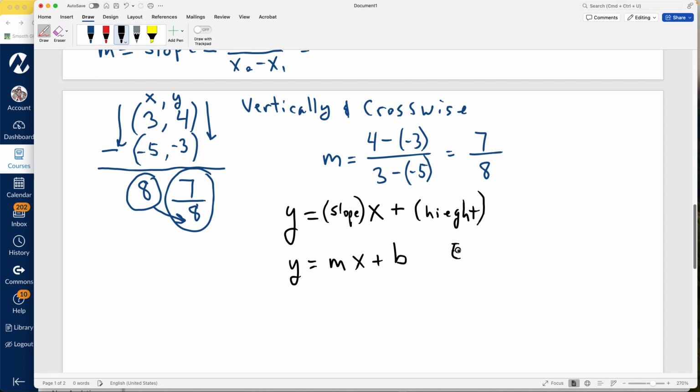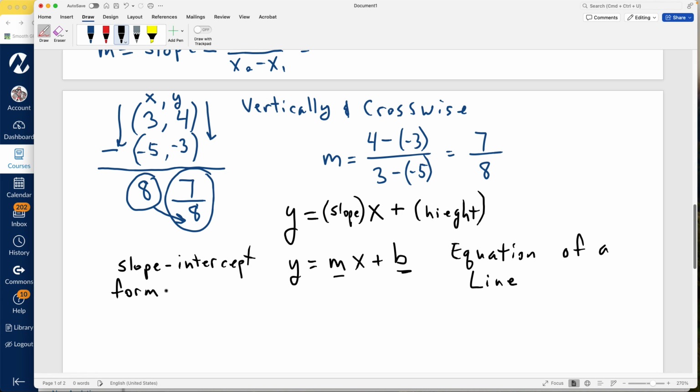So this is an equation, so it's a linear equation. Specifically, you might, again, more vocabulary, they call it the slope-intercept form because they have the slope and the y-intercept. So it's also called the slope-intercept form of a line.